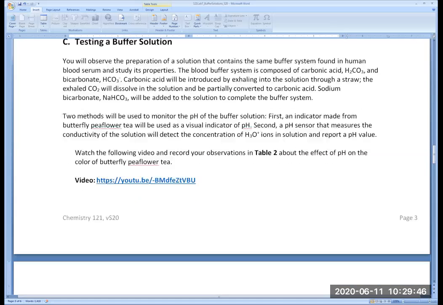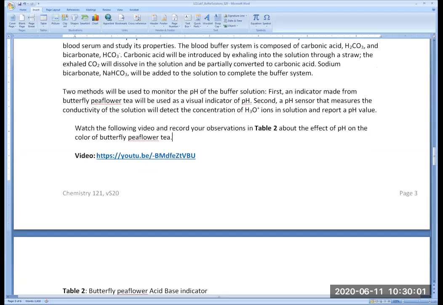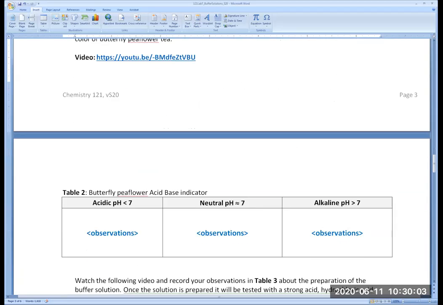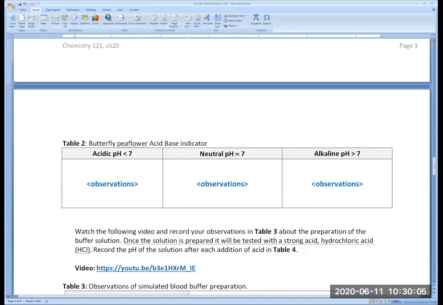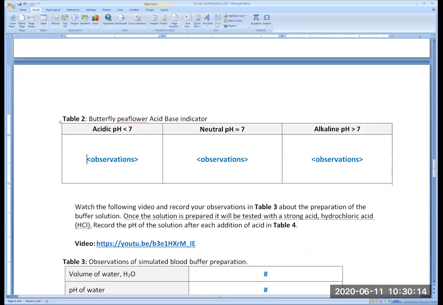So this first video actually is to show you the effect of the pH on the color of the butterfly pea flower tea. There is that tea that is used to change the color of the solution. And so you will watch that video. And here for observations, it doesn't specify exactly, but I would like you to tell what the solution is.